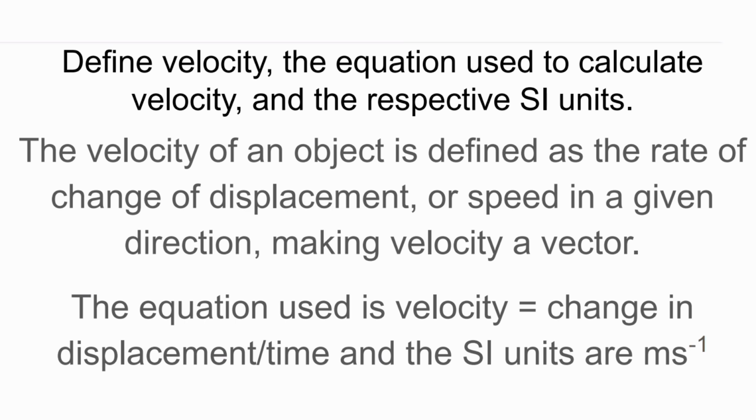It means velocity is a speed with a direction, and velocity has a magnitude, unit and direction. The equation used is velocity is equal to change in displacement over time, or displacement over time. The SI unit is meter per second, meter for displacement and second for time.